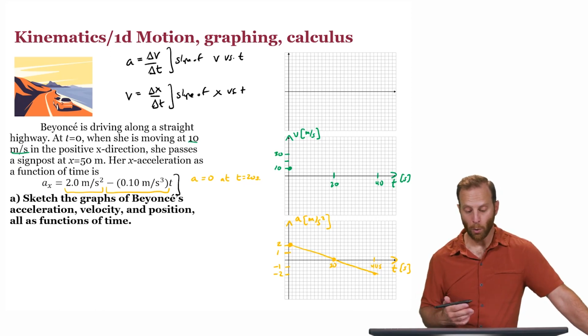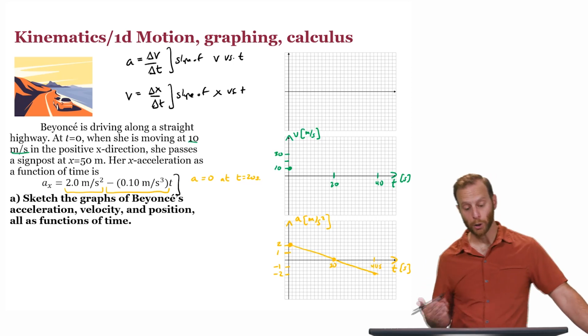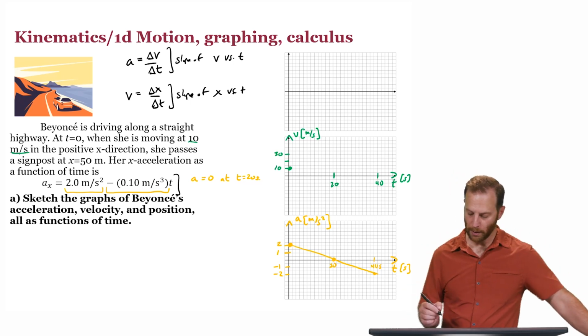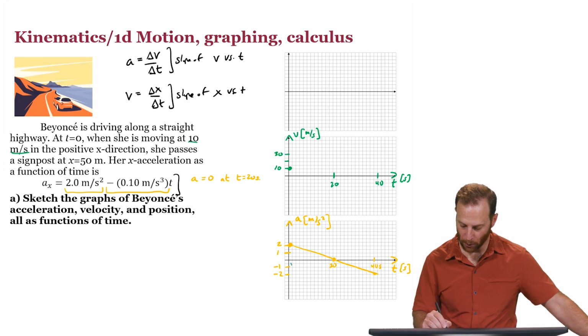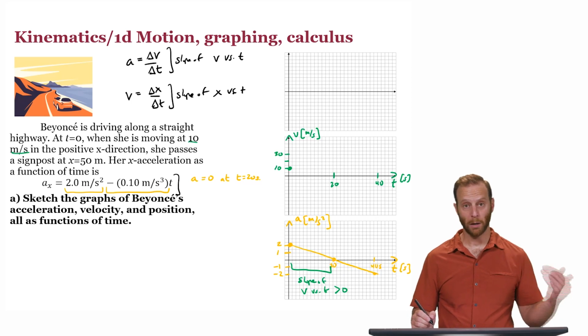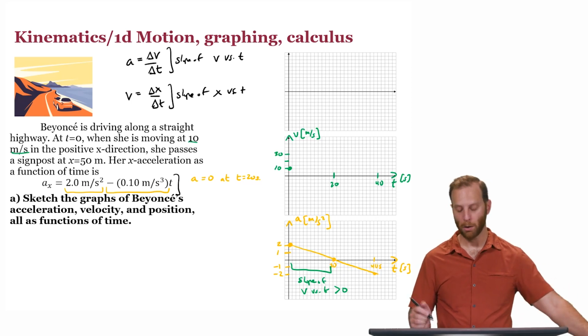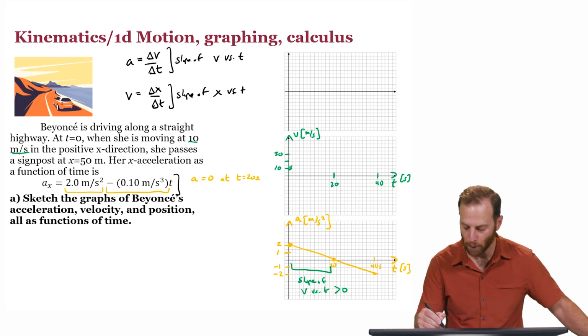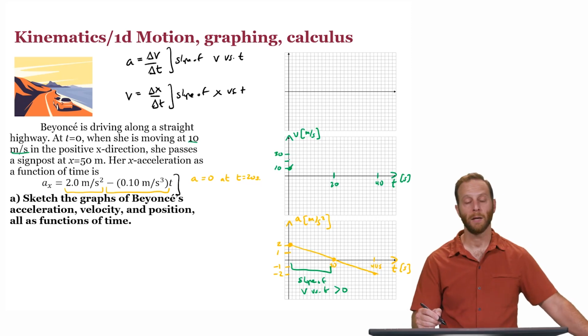Well, since we know that acceleration tells us about the slope of the velocity graph, that means that according to this graph here, the slope of velocity versus time is greater than 0. But notice it starts off with a large number and gets smaller and smaller. That tells me that this graph should start off with a positive slope. It'll continue to go up, but its slope will get less and less steep.